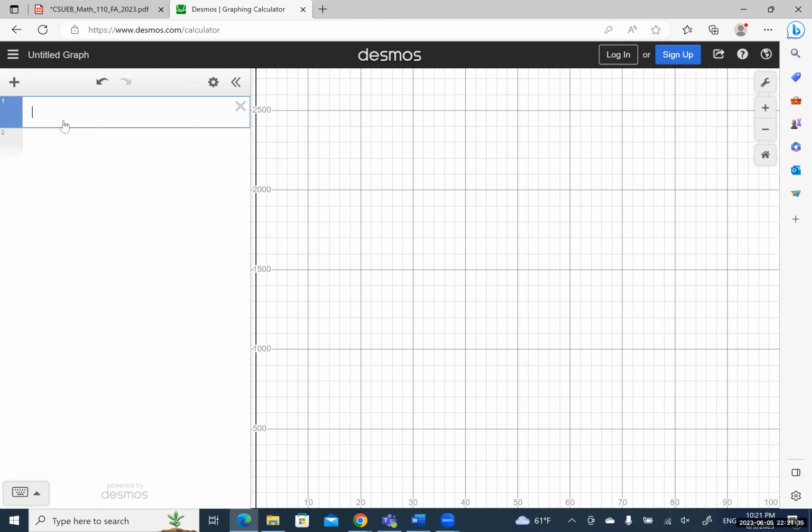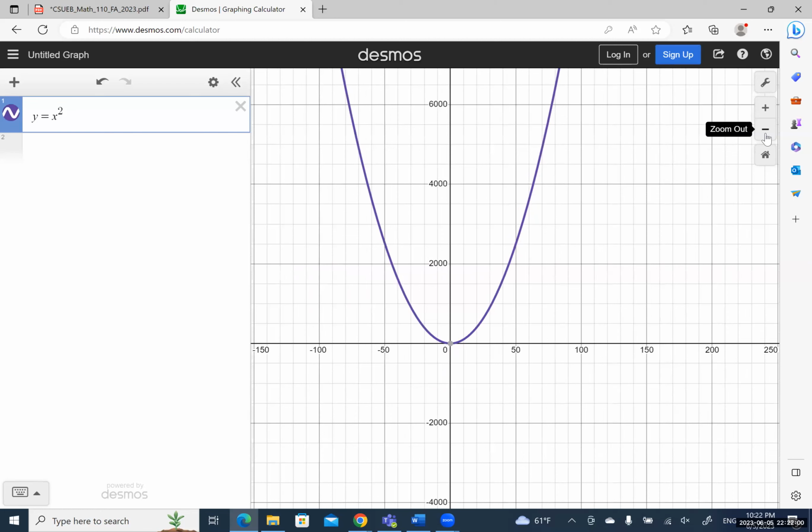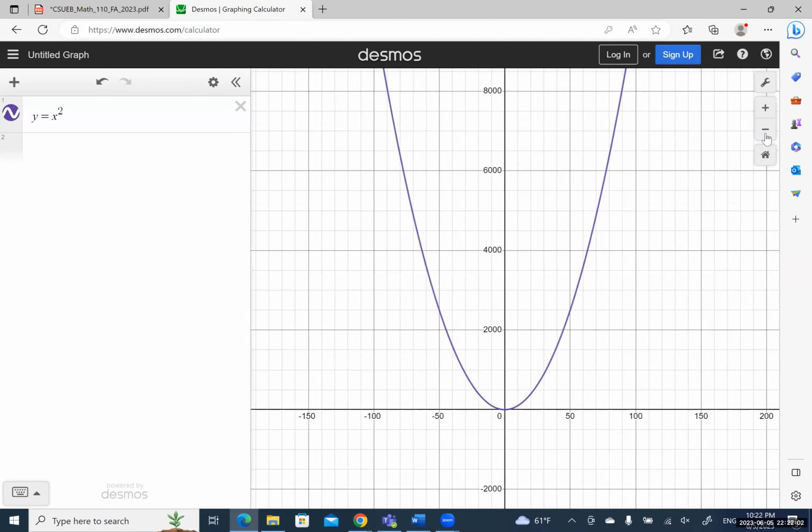So let's say if I want to show the graph of y equal to x squared, right? As you can see, for x squared, you need to use the button with the hat and then move it up. So to get y equal to x squared, right? In here, you need to zoom out a little bit to see the whole graph. So this is the graph of y equal to x squared.